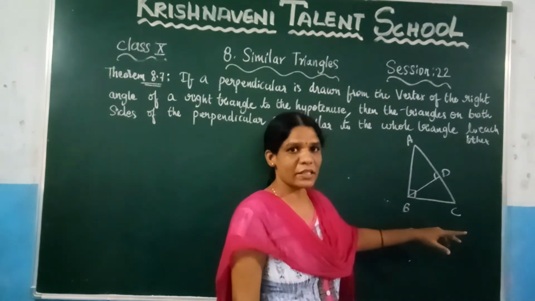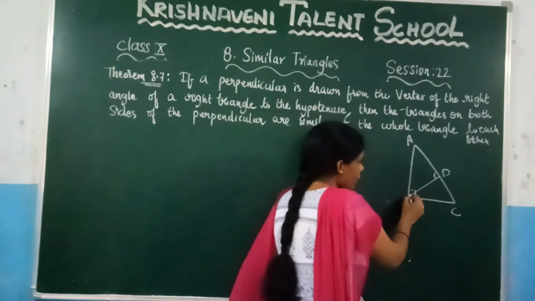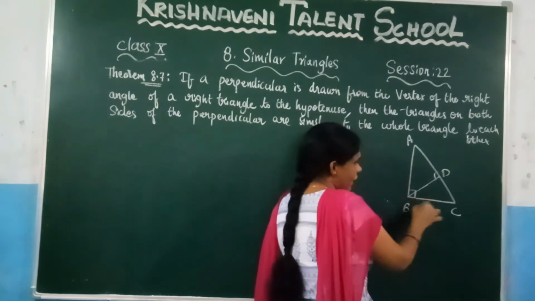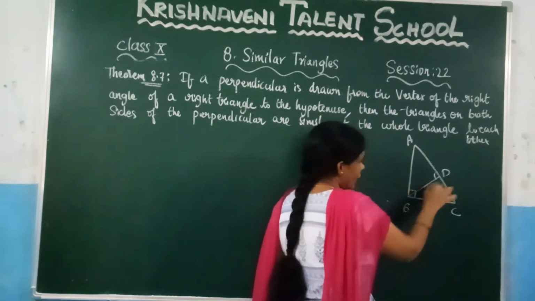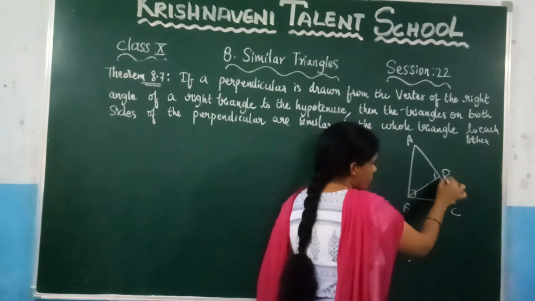And after that, what they are saying here, this perpendicular line is dividing this triangle into two triangles, right? What are those triangles? Which is triangle ABD and one more triangle which is BCD.